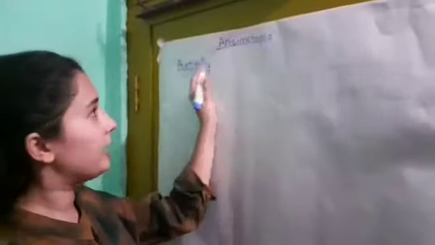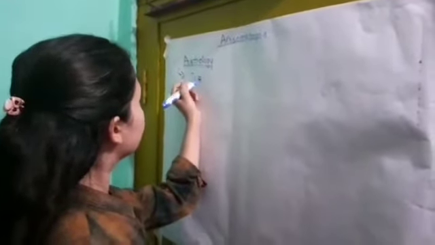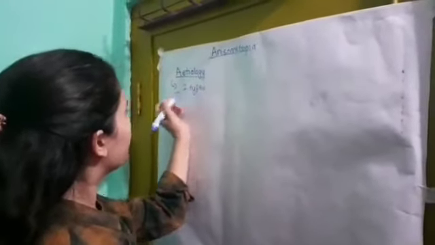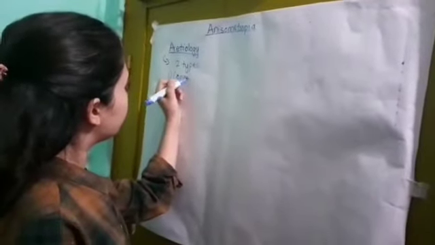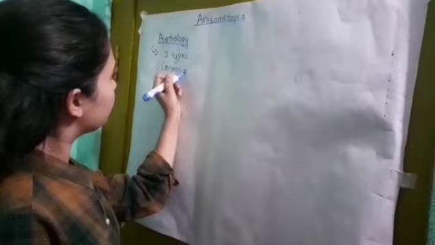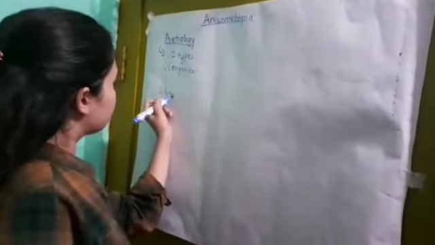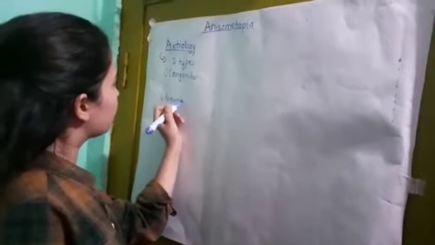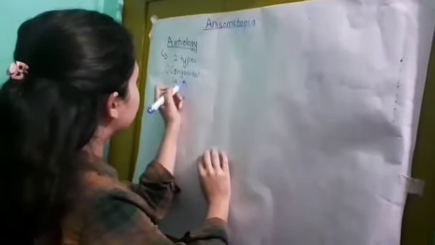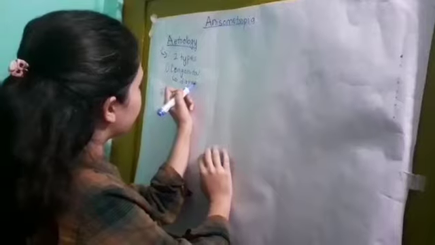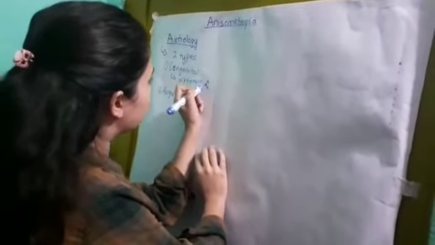The etiology of anisometropia is of 2 types. One is congenital and another one is acquired. In congenital, there is different growth in both eyes.